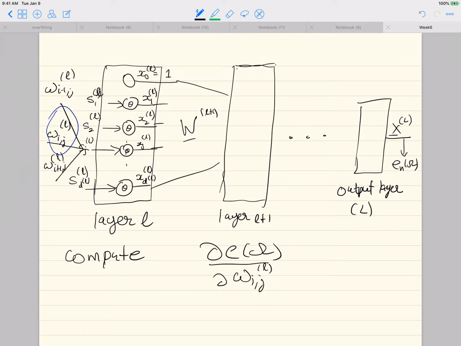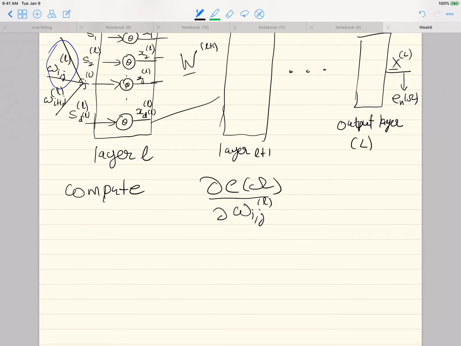To do that, let us look at how this weight propagates in the neural network. If we were to change the weight here, it would change Sj of L, which would then affect the values downstream. So everything from here will change if we change the weight Wij of L. But let's try to understand systematically how this change will happen.